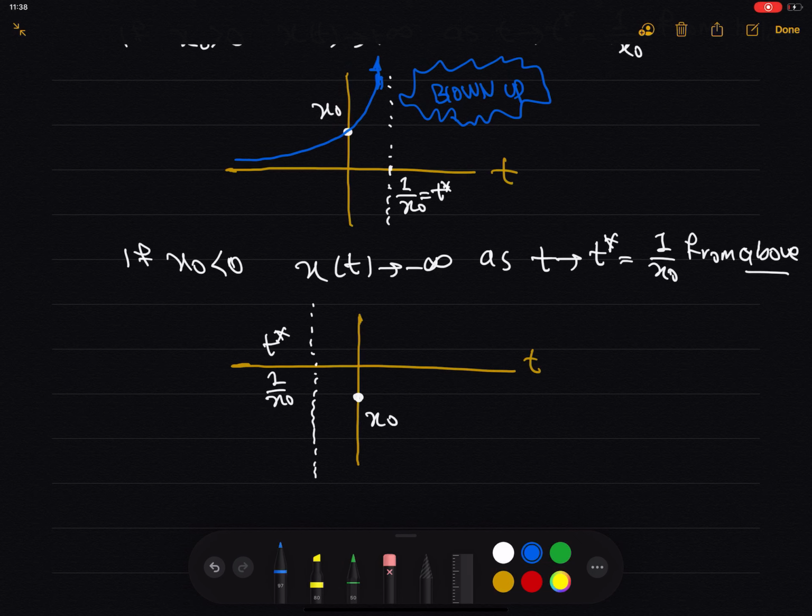And if you plot this, you're going to get something like this. So it's going to go to minus infinity this time, right? So it's going to blow up here.